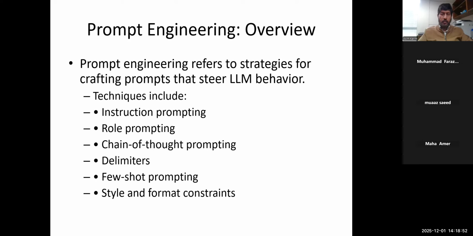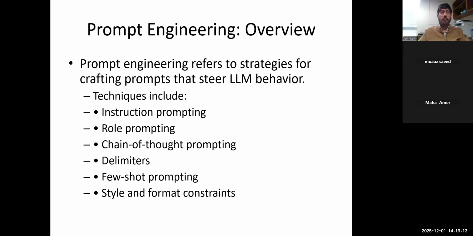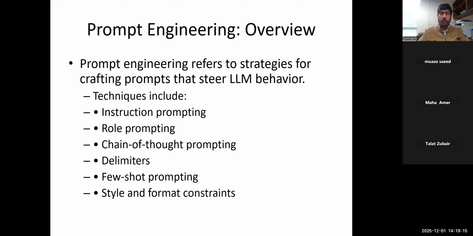And within this, there is a huge variety, and this is not an exhaustive list. Okay. So instruction prompting is what we have already seen. Role prompting is something that we'll just mention briefly, meaning that you tell the system to think of yourself in a particular role and then answer this question. Chain of thought prompting, we talked about this briefly as well. So this is reasoning while you answer a question.